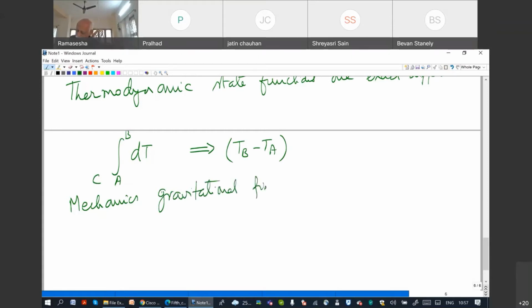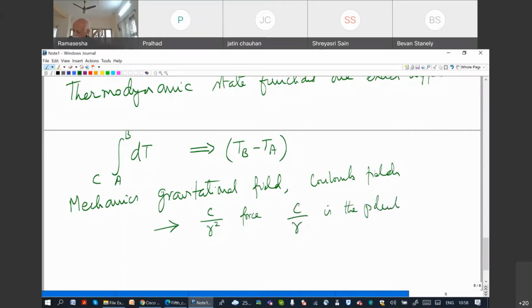And similarly, Coulomb fields. In gravitational fields, some constant by r squared is the force, and C by r is the potential. Call it C prime because we are going to integrate it.